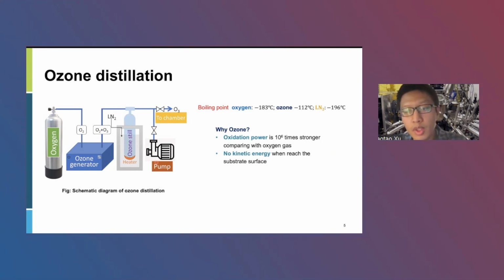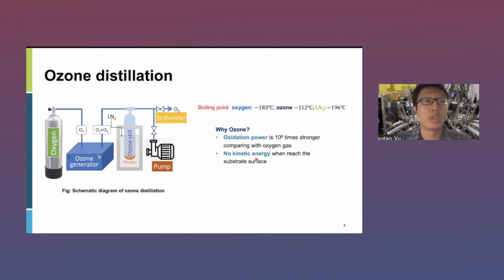And later, by applying proper heating, we can supply pure ozone gas into the growth chamber. The reason why we use ozone is because it has a very strong oxidation power, and the ozone gas has no kinetic energy once it reaches the sample surface, which means it will not damage the sample surface.